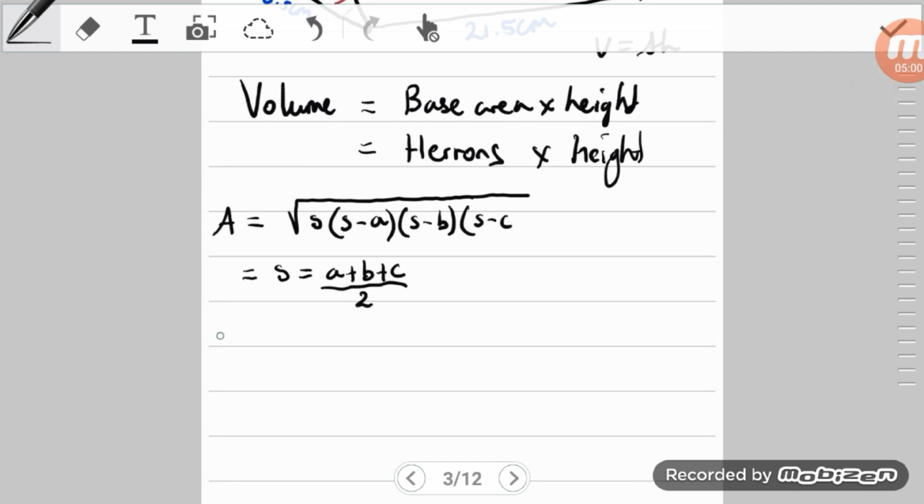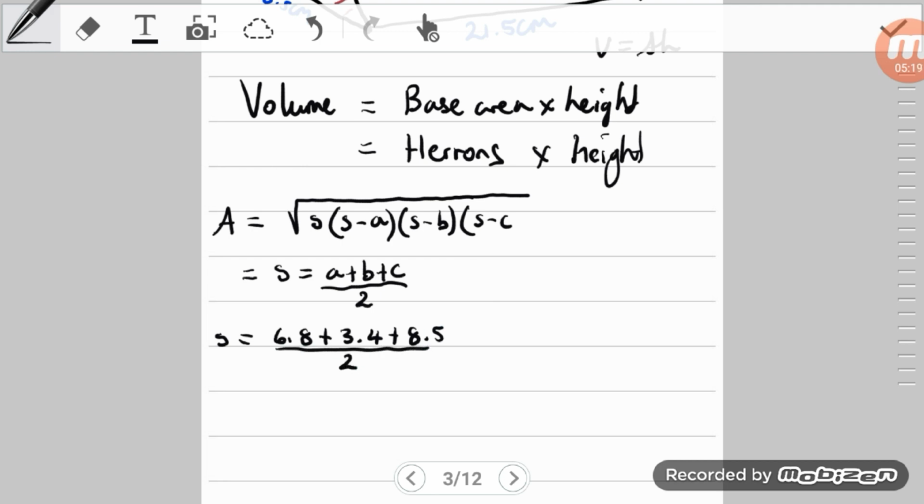We're going to have to find S first. S, which stands for the semi-perimeter, is going to be 6.8 plus 3.4 plus 8.5, divided by 2.